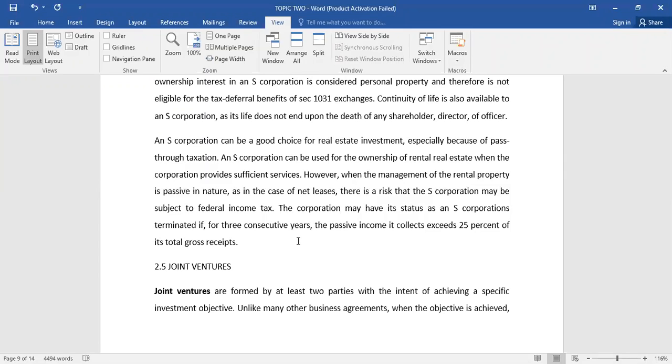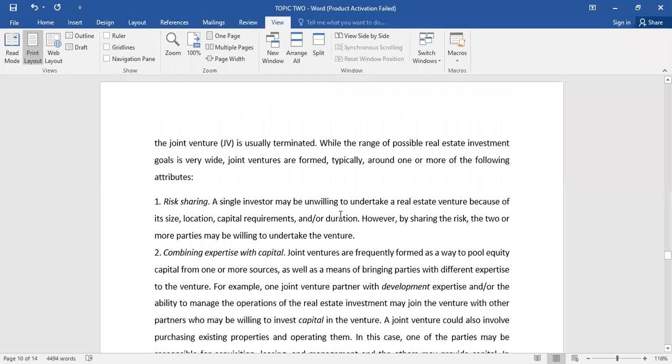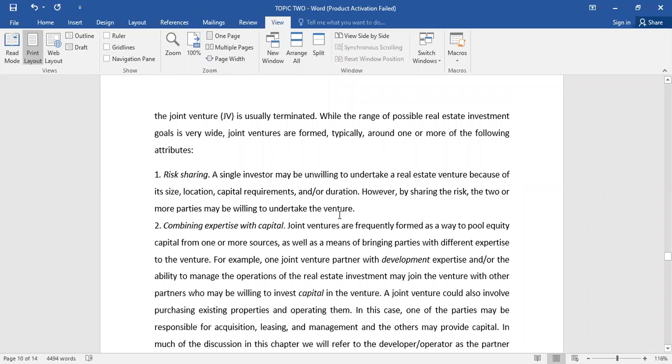Joint ventures are owned by two parties who have a particular objective that they need to achieve. In this particular case, we are talking of real estate investment. Now, joint ventures, or JVs, can be terminated. We could be coming together as an investment vehicle, and once we achieve a certain objective, we part ways and everyone goes back to their business.